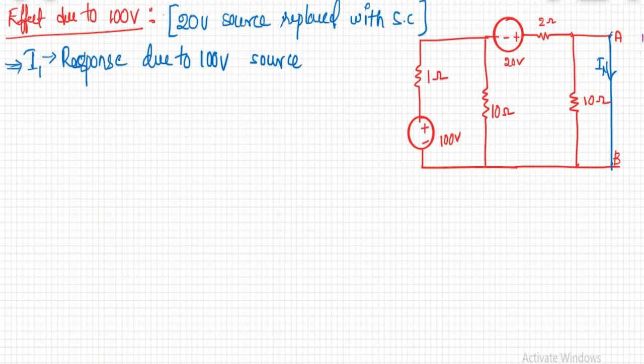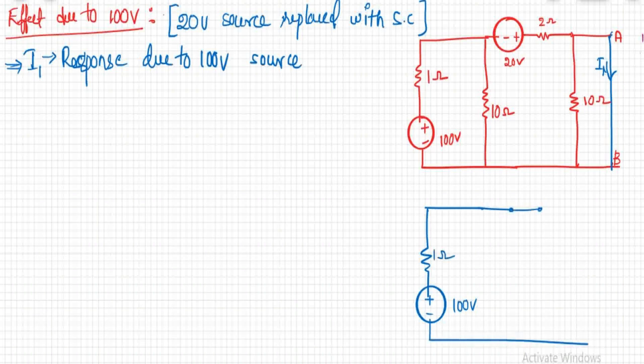I am going to redraw the circuit with the 100 volt source effective. Here the 1 ohm, we are going to keep. Here we have 10 ohms and 2 ohms. If you observe, this 10 ohm resistor is being short circuited, that is, bypassed. So this 10 ohm resistor is redundant, so I am replacing it with an open circuit.